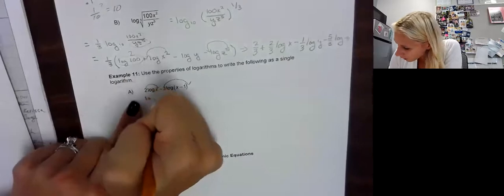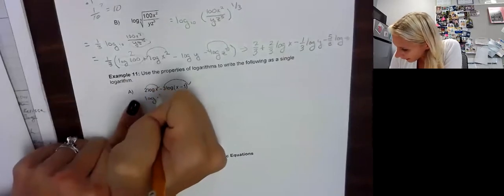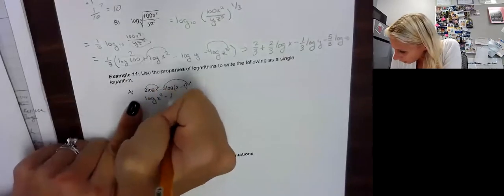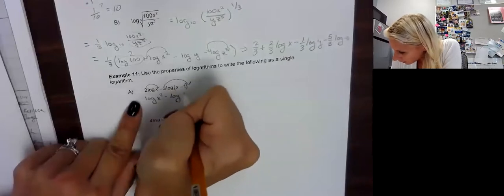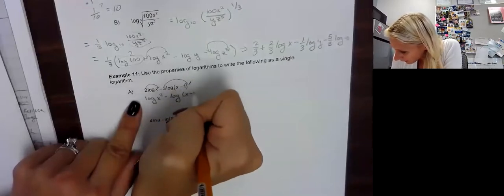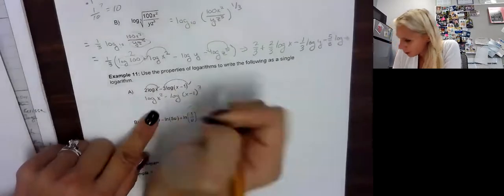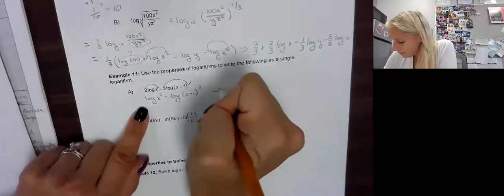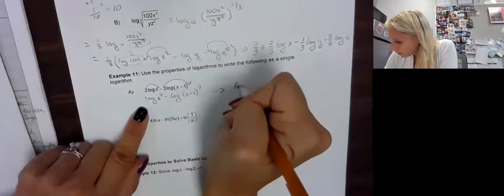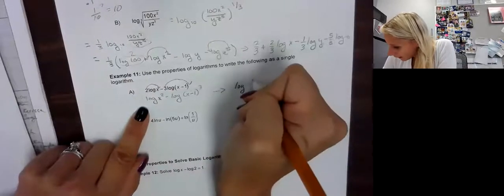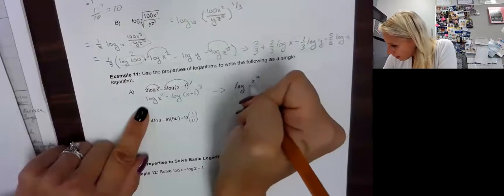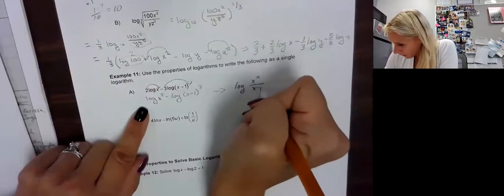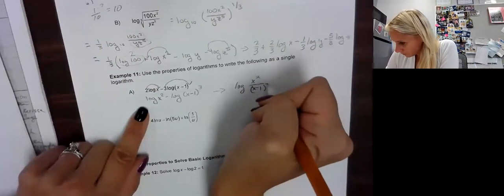So we get log x squared minus log x minus 1 cubed. And then what does subtraction mean, guys? It means division. So we have log x squared on top and x minus 1 cubed on the bottom.